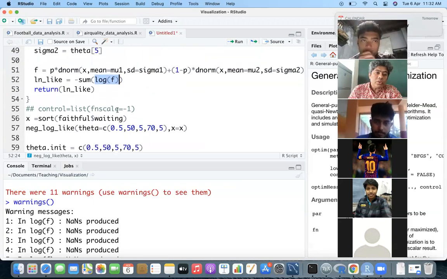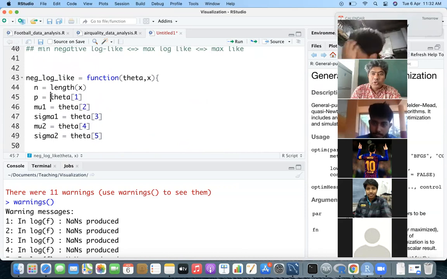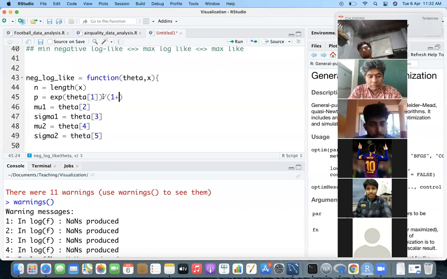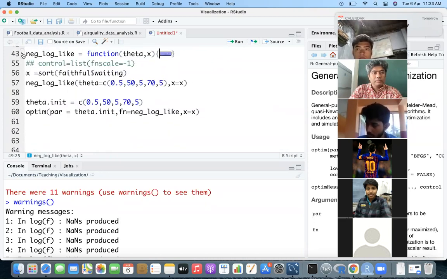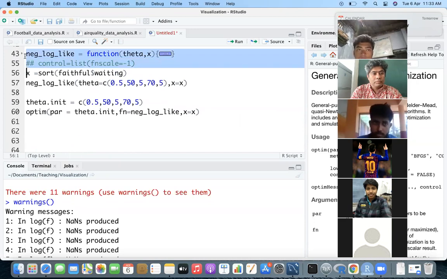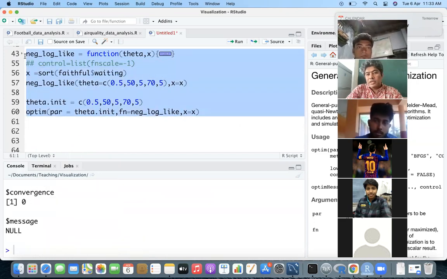Okay, but now if you just do these transformations, now it's running fine without any warnings.